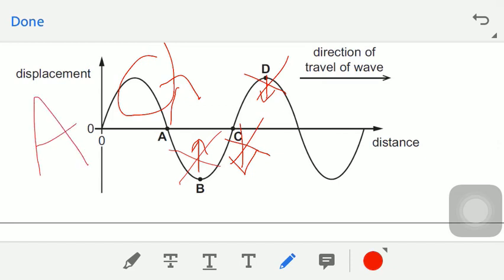When I look at your responses, it's quite interesting because the most common wrong response was answer C compared to answer A. So that simply shows that you have clarity about the idea of speed.